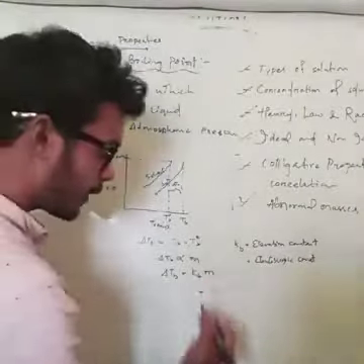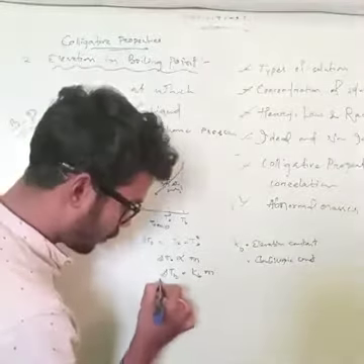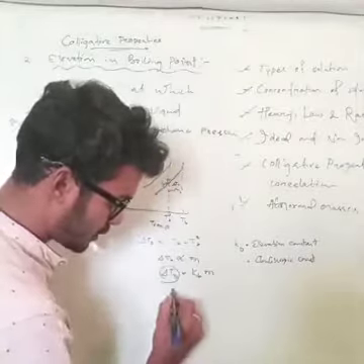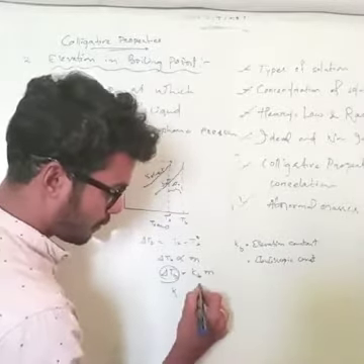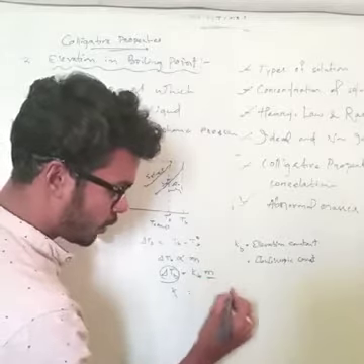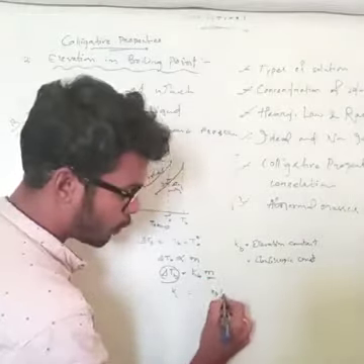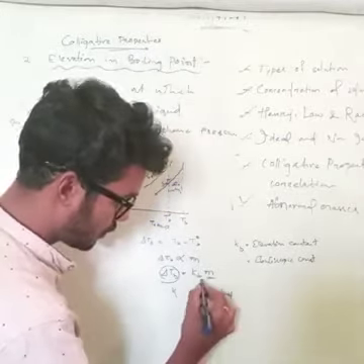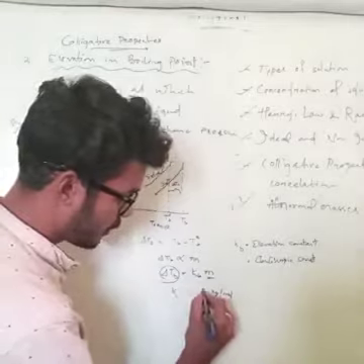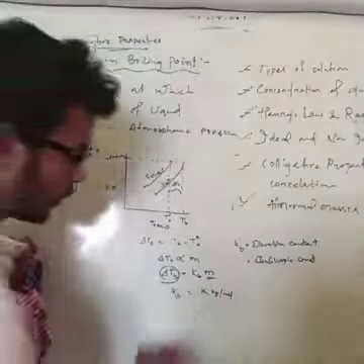So what will be the unit of this? We know that the unit of temperature is Kelvin, and the unit of molality is mole per kg. So the unit of Kb is Kelvin kg per mole.